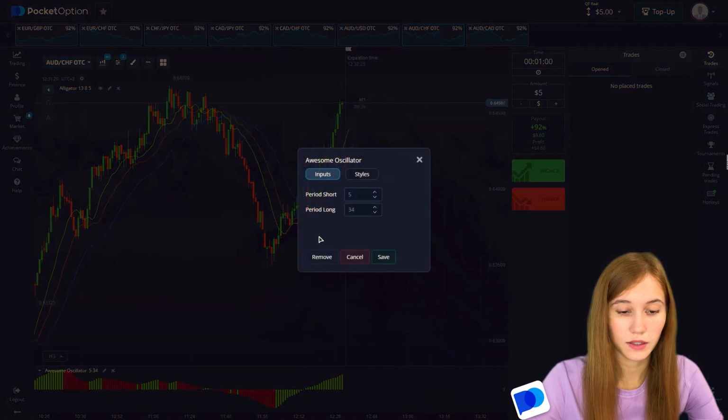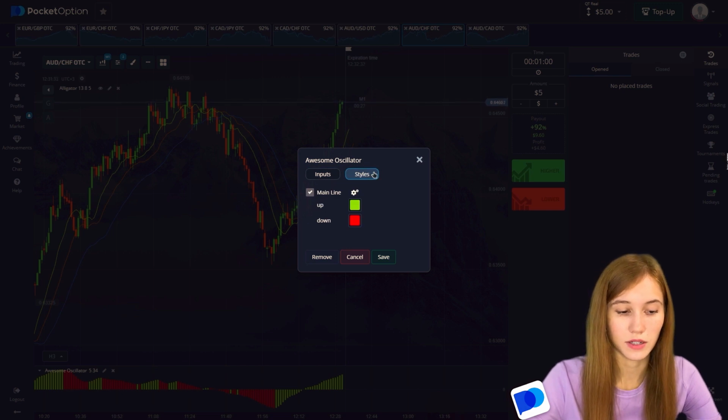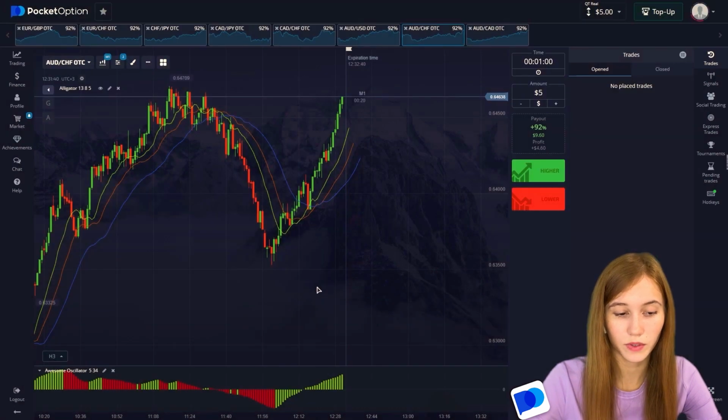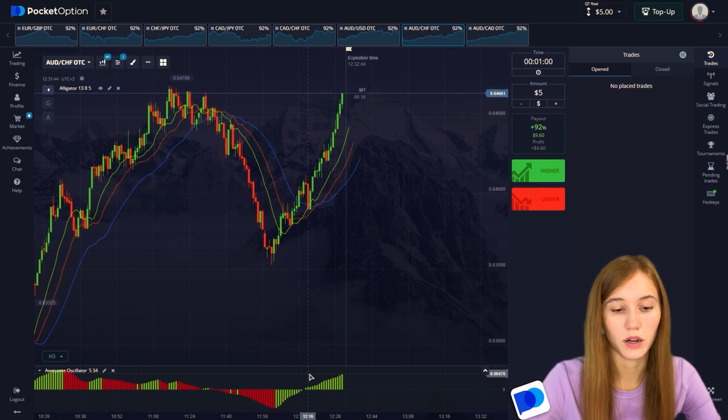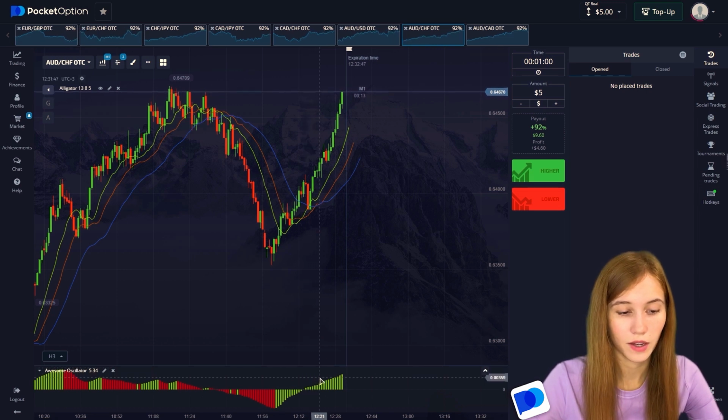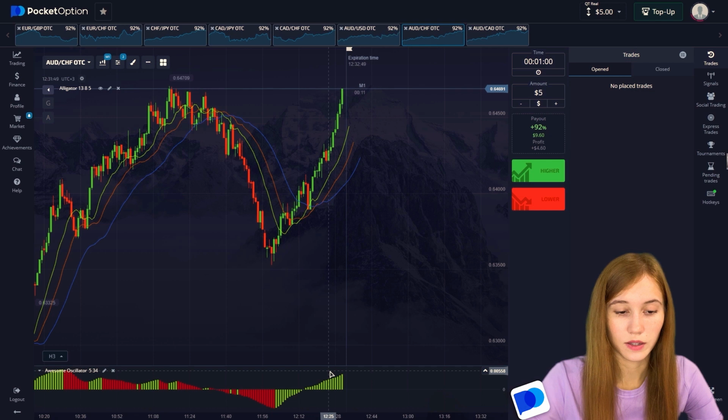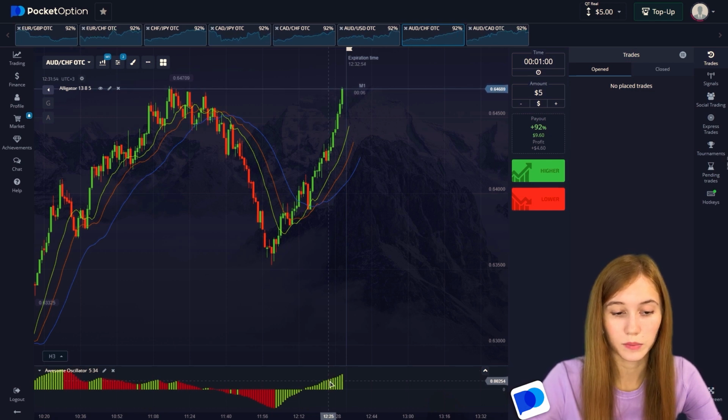And the second indicator, the oscillator, is located at the bottom of the screen. Its settings I won't show for long. This is an indicator that mirrors the mood of our market. It shows what the market is like at the moment. Thanks to this indicator, you can determine whether the market is bullish or bearish.